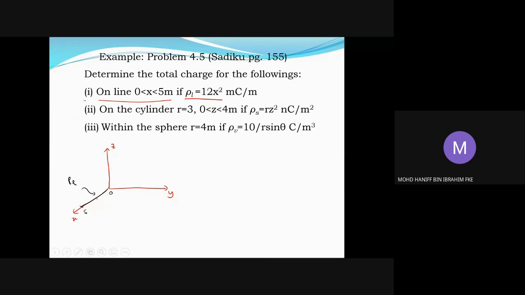Based on this, we can define dq, the charge element for the line charge. We have learned before that for the line charge, the element of charge dq is rho L dl, which equals 12x squared. So what should be the dl to be used here then?